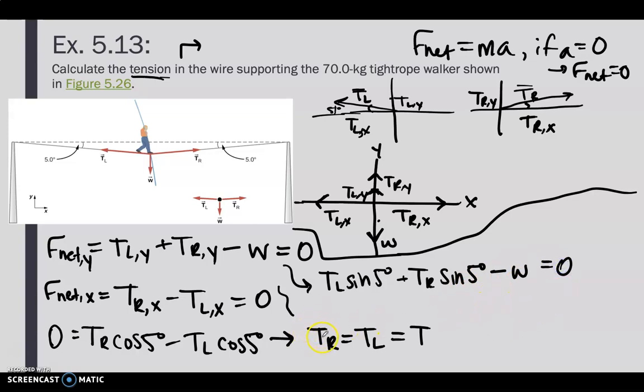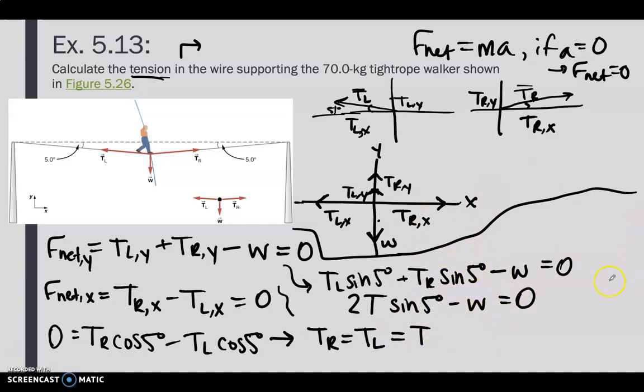Okay, we determined that TR and TL are the same, so we can just call them T. So if we add them together, it's going to be 2T sine 5 degrees minus W equals 0.